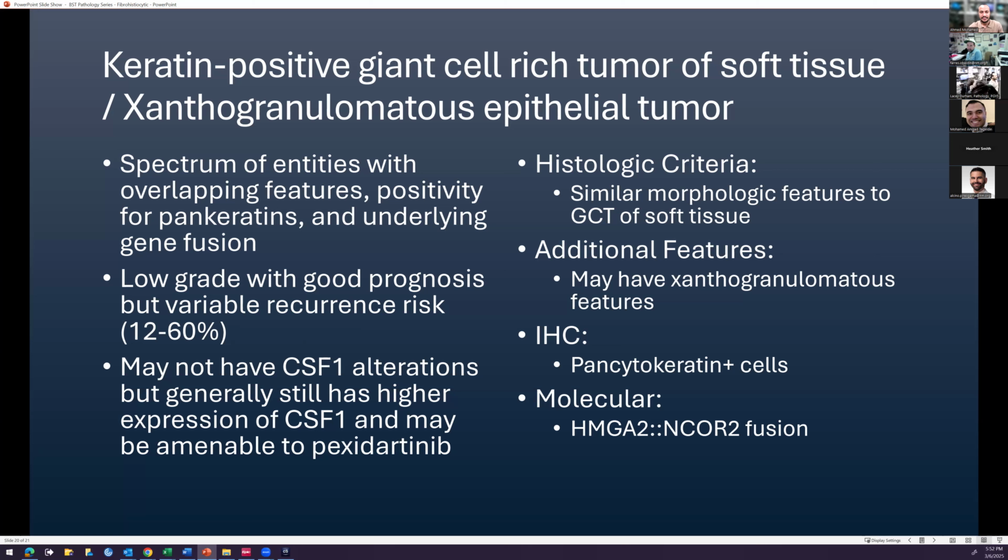And they pretty consistently have IHC for pankeratin. The molecular finding underpinning this is an HMGA2 fusion, generally with NCOR2, not NCOA, but NCOR2. So they're HMGA2 fused. Obviously, you don't need to remember this, but it's just a little cute case, and I thought I'd share it.